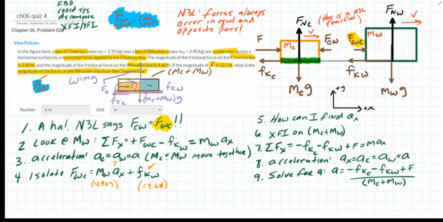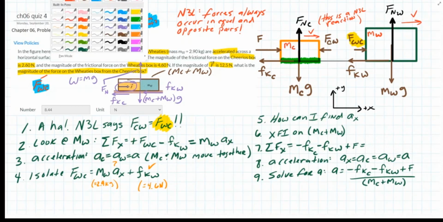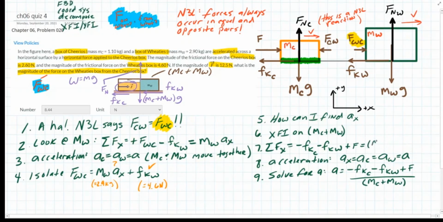Let me go back and repair this a little bit to be a little tighter. F equals MA, and more specifically the mass is the mass of the Cheerios plus the mass of the Wheaties, times A sub X. Hopefully you can see clearly how number 9 comes from number 7.